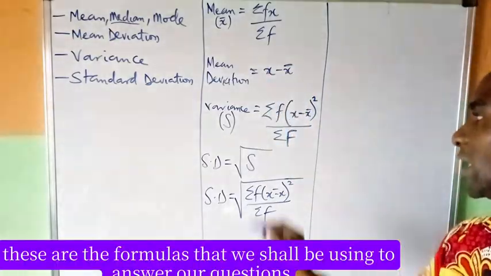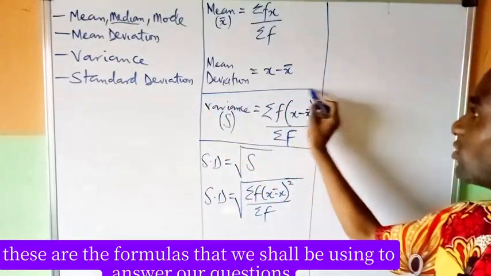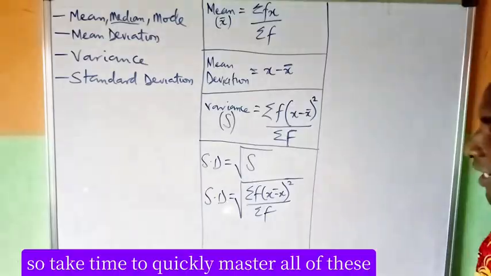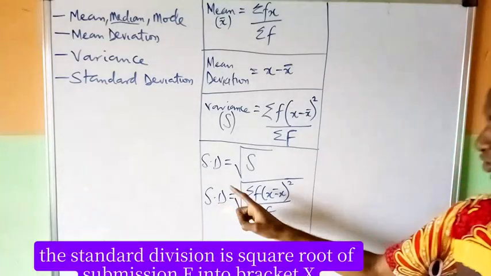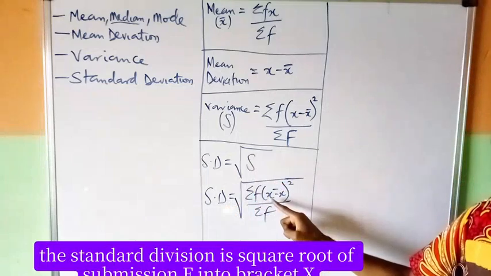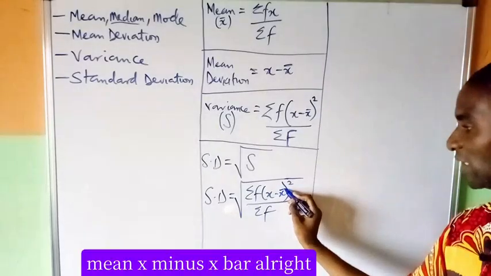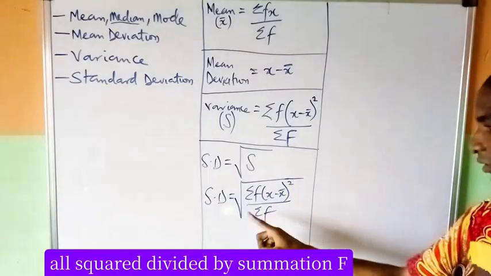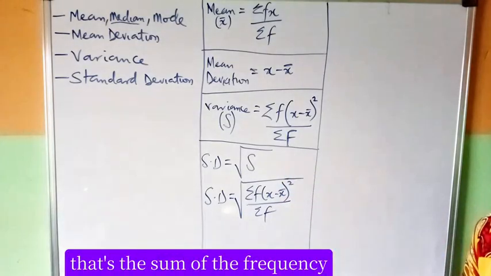These are the formulas we shall be using to answer our questions as we proceed in this class. Take time to quickly master all of these. They are not difficult. The standard deviation is the square root of summation f into bracket x minus x bar, all squared, divided by summation f, the sum of the frequency.